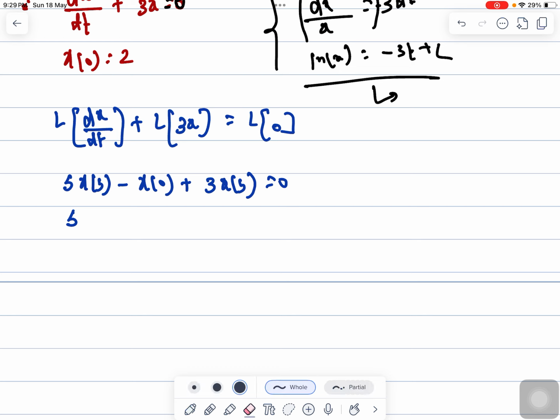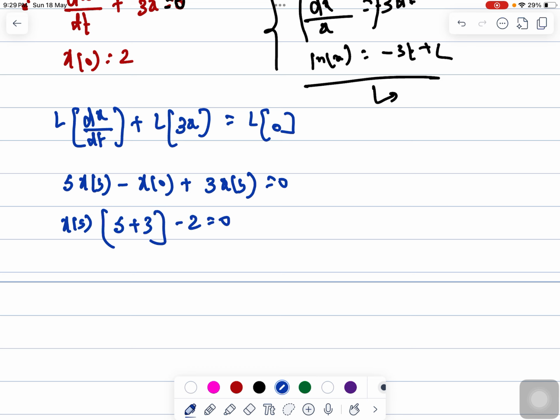Now we can substitute the value here. If I take X(s) common, you will be left with (s plus 3) X(s) minus 2 equals 0. So the value of X(s) equals 2 divided by s plus 3. Is that clear?